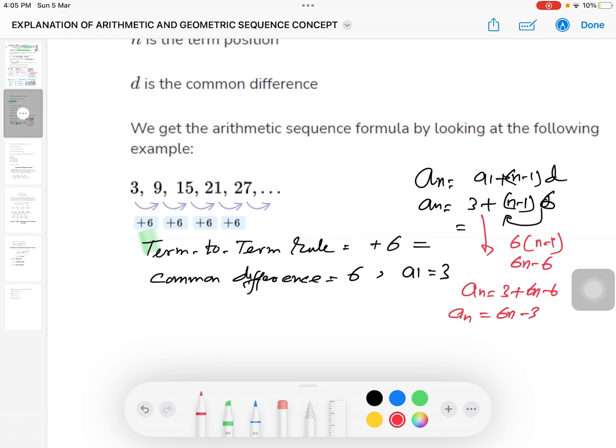Now I always say one thing to my students: do not accept the answer unless you are done with checking or verification. If n is equal to 1, now this is called the term position.